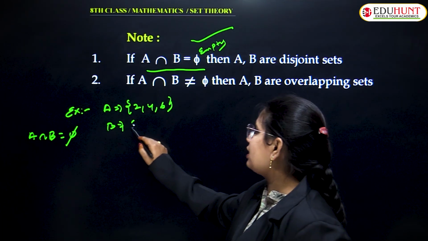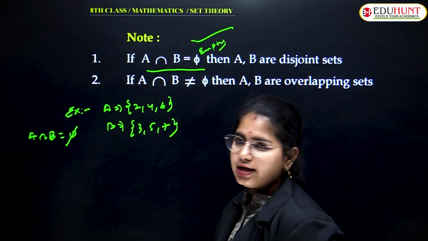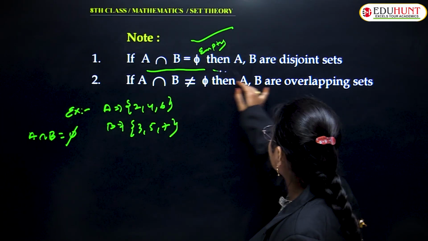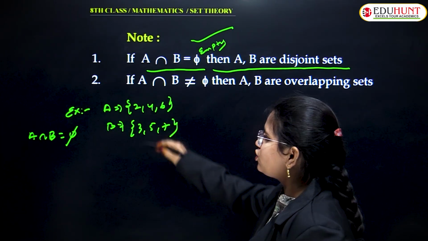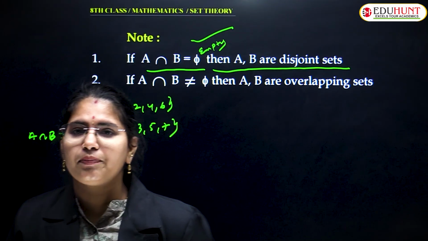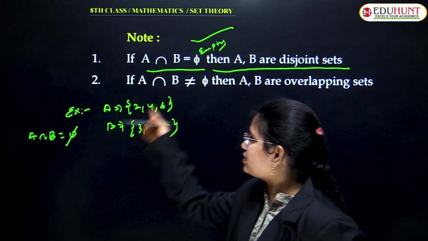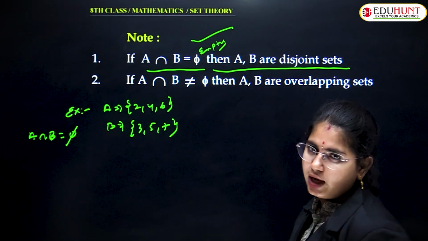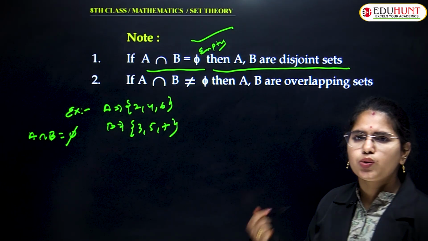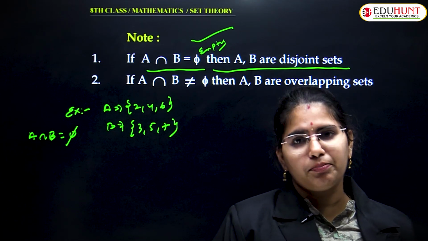So I'll take 3, 5, 7. Okay, {3, 5, 7}. So in that case, what they were telling, A and B are disjoint. If you don't find any common element, A, B represent disjoint sets. Correct? Yes or no? So this is a perfect example for note 1. So whenever you are writing note 1, try to elaborate, always giving examples.